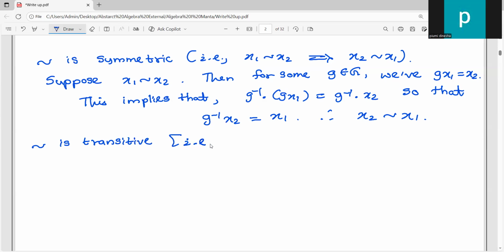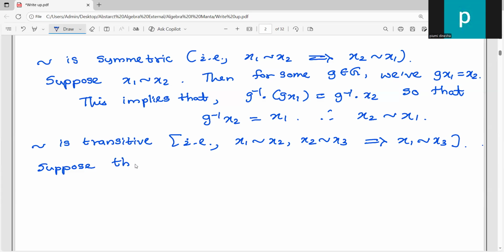What does it mean? If you have x1 tilde x2 and x2 tilde x3, we must have x1 equivalent to x3. This is what we have to show. So let's first of all suppose that x1 is equivalent to x2 and x2 is equivalent to x3, right?